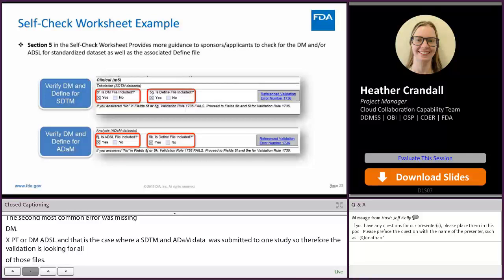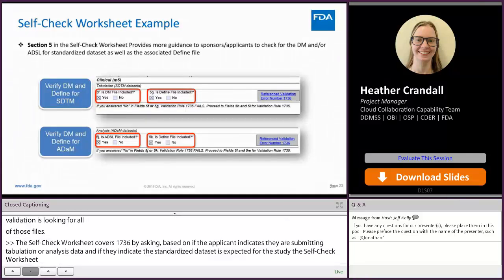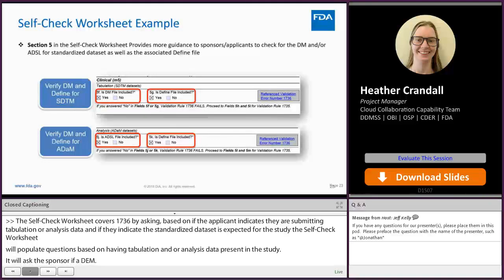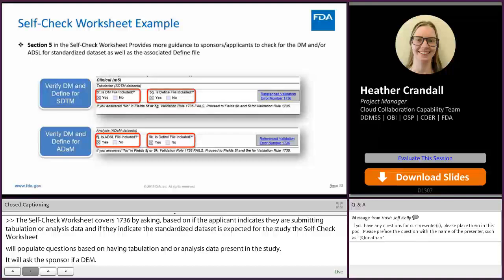It will ask the sponsor if a dm.xpt file is included and if a define.xml file is included for that tabulation SDTM dataset. Similarly for analysis ADaM datasets, if the adsl.xpt file and the define.xml file are included. This serves as a reminder to the applicant that these files should be included in the study.